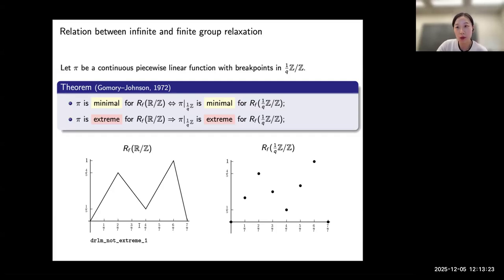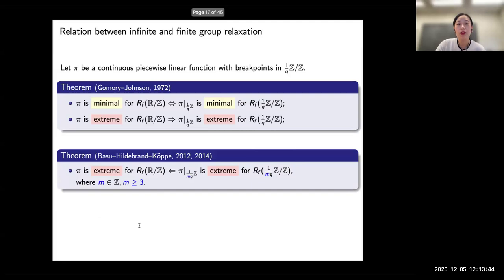When we have an extreme function for the infinite group problem and we restrict it to the grid points, then it is extreme for the finite problem. However, the other direction is not true. The interpolation of an extreme function defined for a cyclic group is not extreme for the infinite group problem. Here we have a tiny example. And for the other direction to work, one needs an oversampling factor of at least 3.